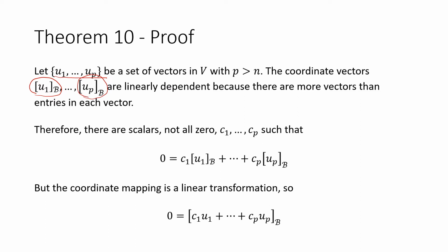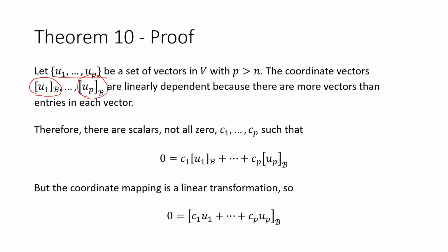So this is giving us p vectors. Each vector is the coordinates of that vector in that basis. So each vector has n elements in it. So stick them all together. What do we have?